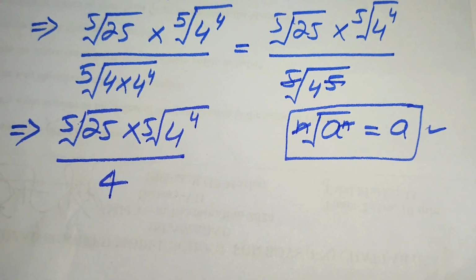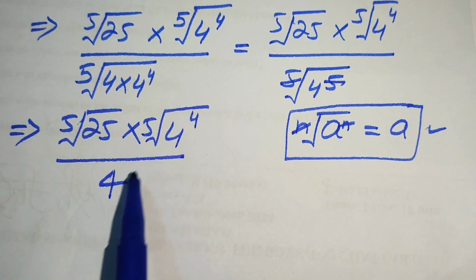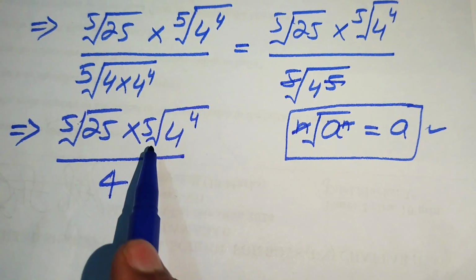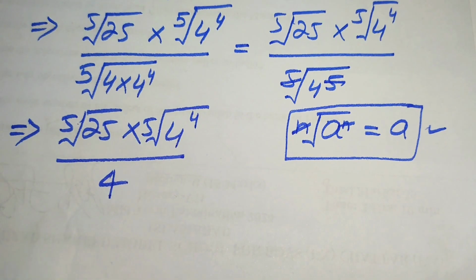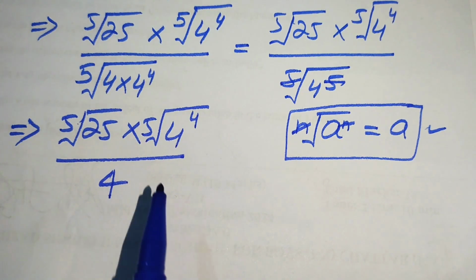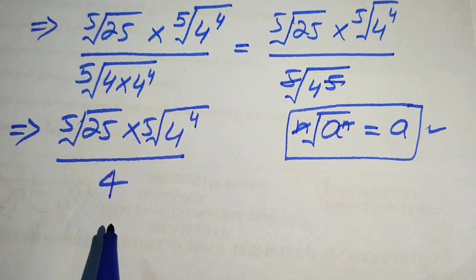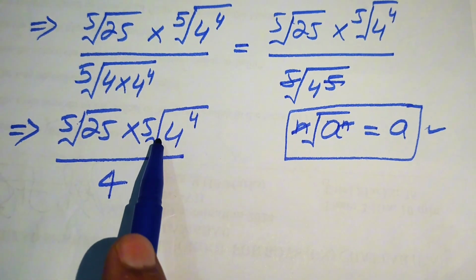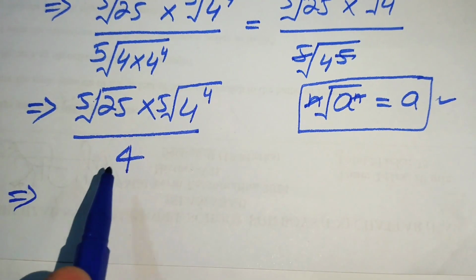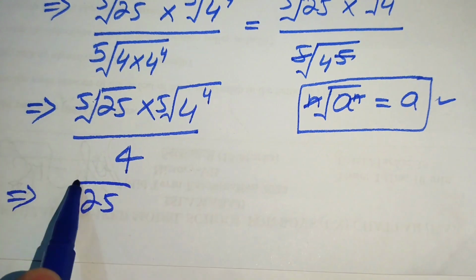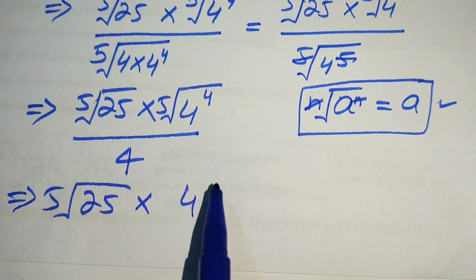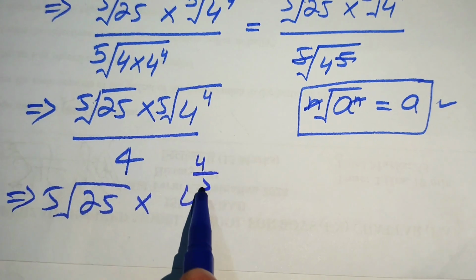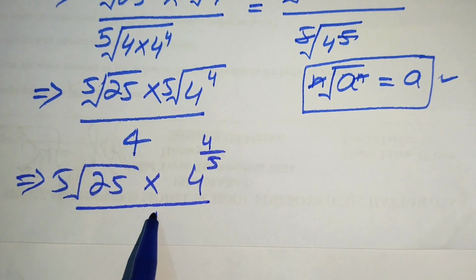Okay, so here we write this expression from radical form into exponential form, and it will be written as the fifth root of 25 multiplied by 4 to the power of 4 over 5, divided by 4.